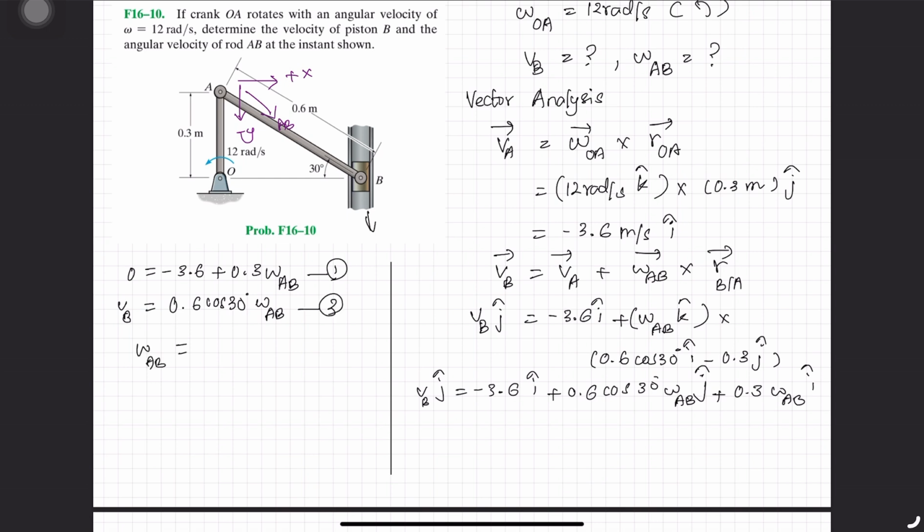From equation 1 we get the omega AB value, which is 12 radian per second, and that is positive because it is in the anticlockwise direction. Substituting this value in equation 2, we get the VB value as 6.235 meter per second, positive because it is in the upward direction.